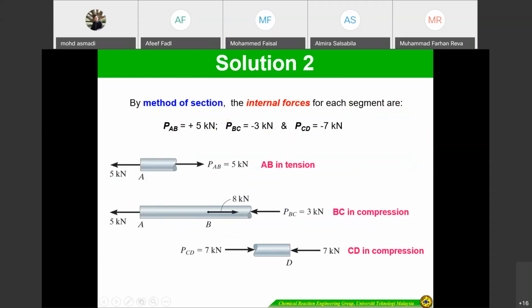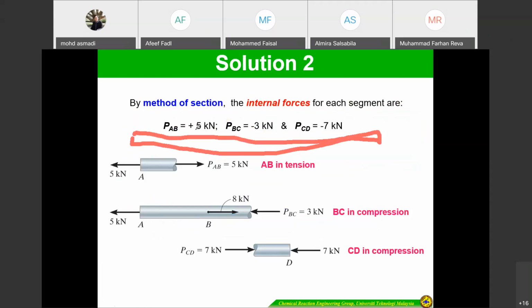If you look here, similarly you have to use the method of section. I think the easiest thing is to draw the original cross bar, and then do the method of section.